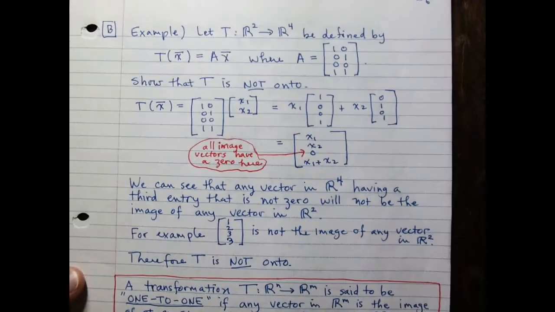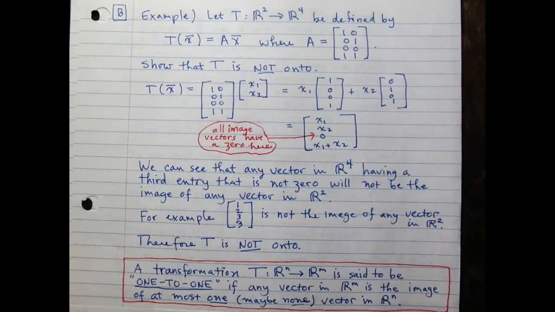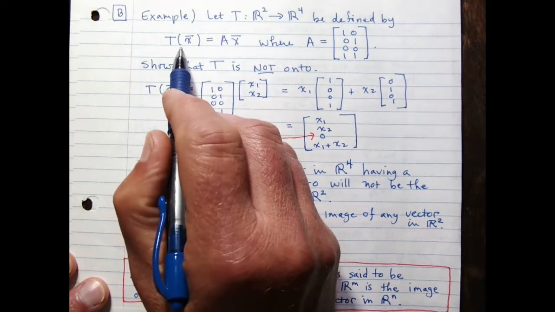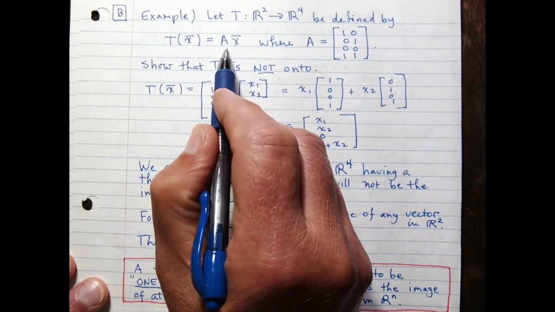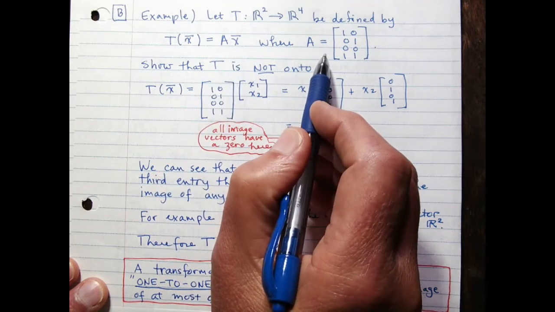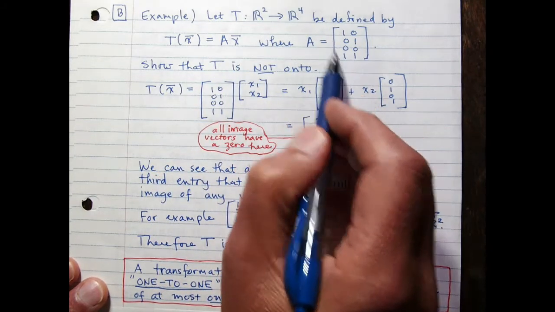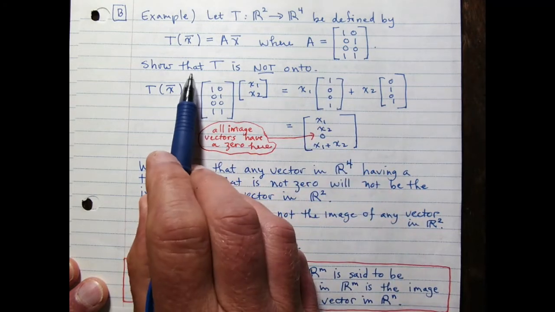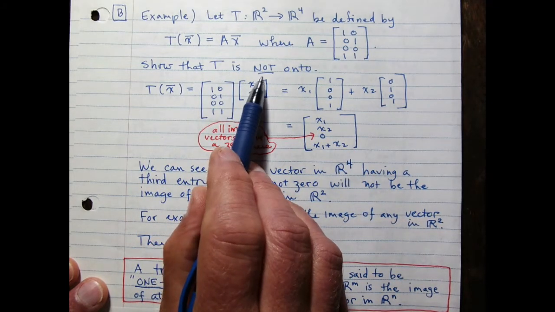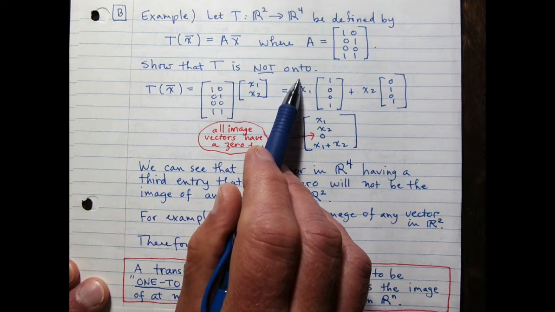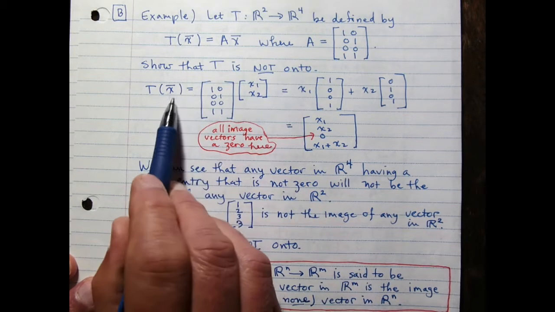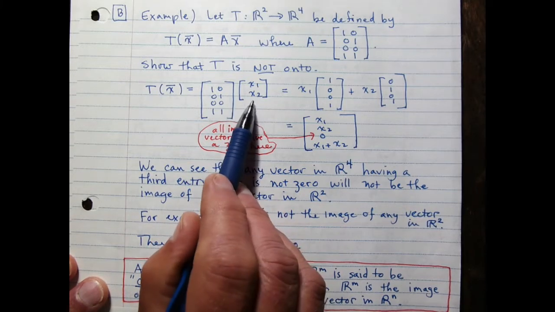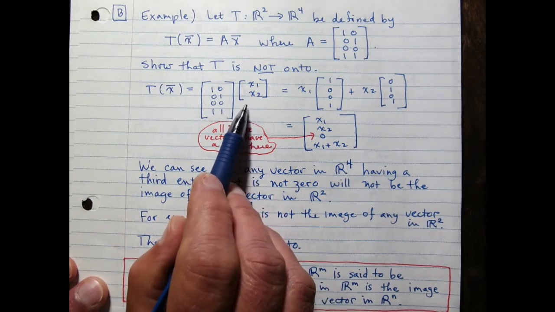Now here's another example. This is a linear transformation from R2 to R4, defined by matrix multiplication, where A is this matrix, so it's a 4 by 2 matrix. I want to show that T is not onto here. So again, I can actually compute what T of x does. Here the domain consists of our two-component vectors, right?